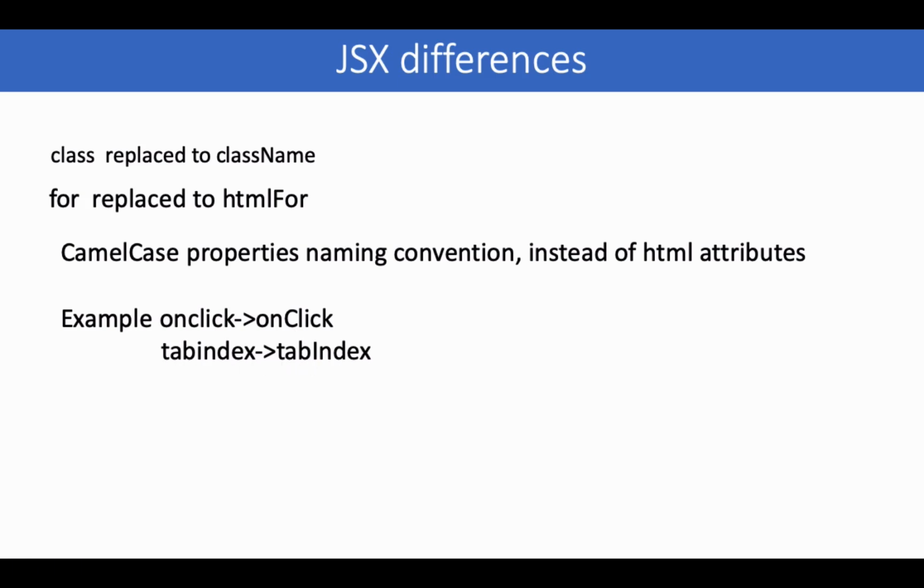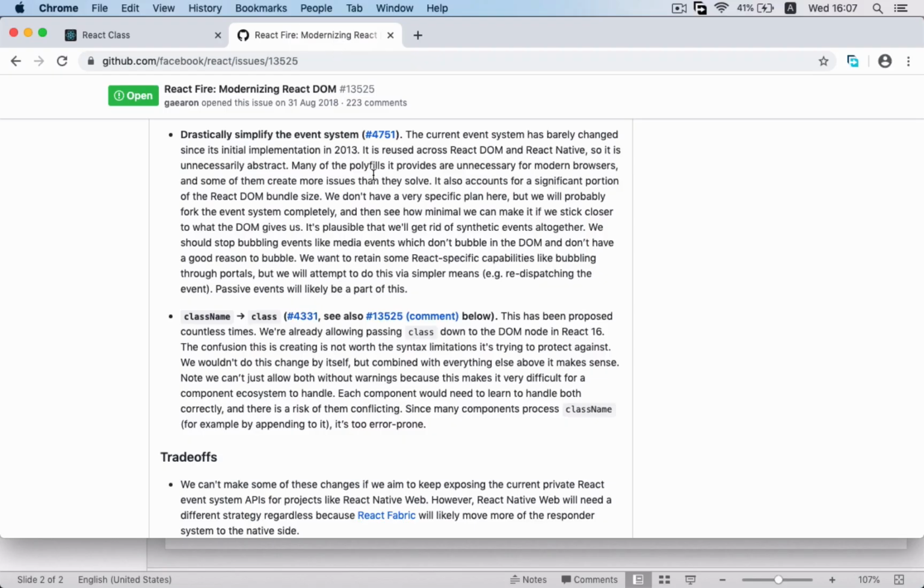Now, React is working on some changes, so we might see changes in the code you write. One of the biggest changes is className to class. I'll leave the link in the description below. This is what I need to show you.